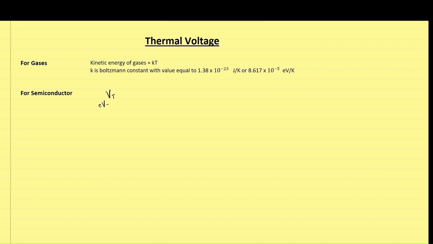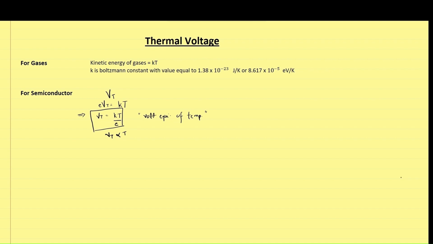Now, if we equate the two different forms of energy, then we will get the volt equivalent of temperature. It can be observed that thermal voltage is directly proportional to temperature.